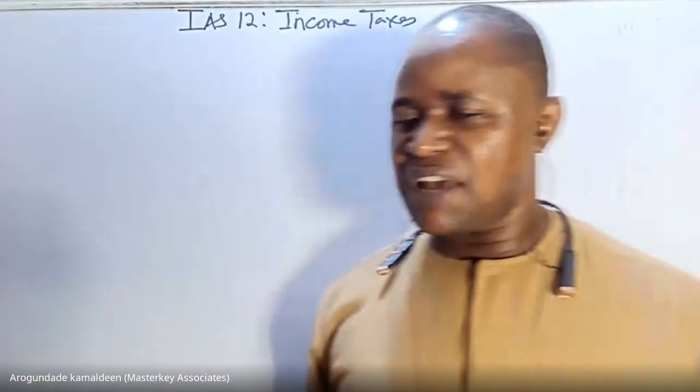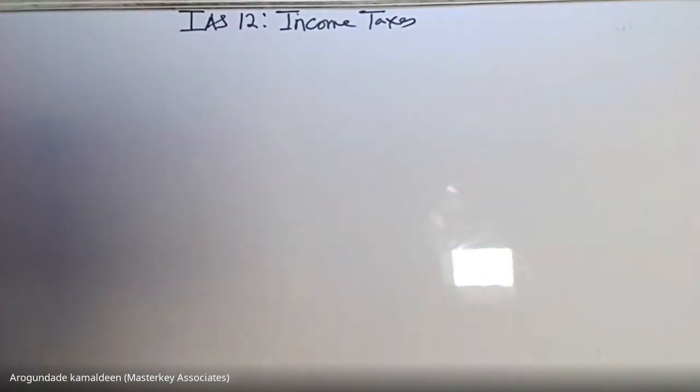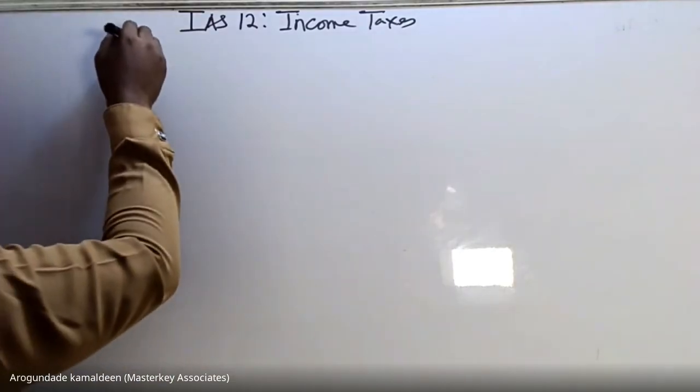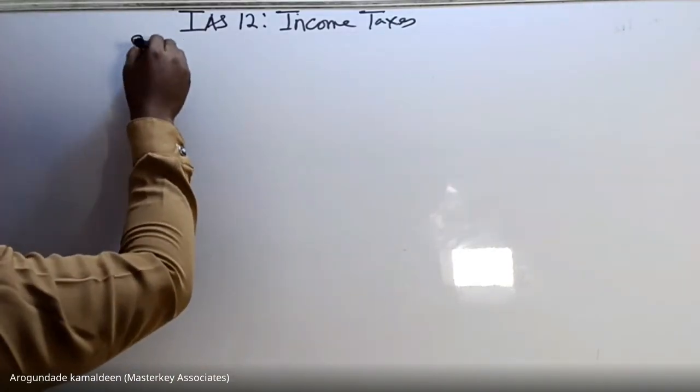Now, the objective of IAS 12 is to provide guidance on the accounting treatment of income taxes in the financial statements of an entity. So the scope of this standard is very important.